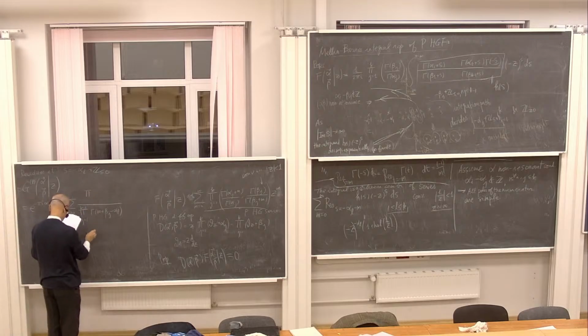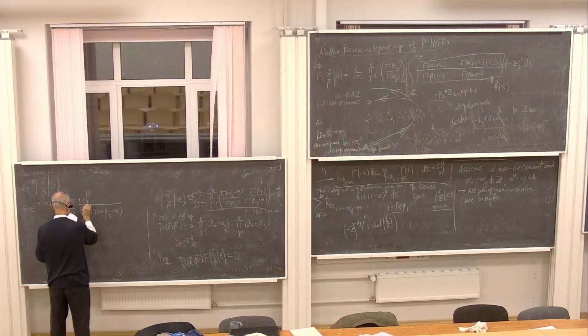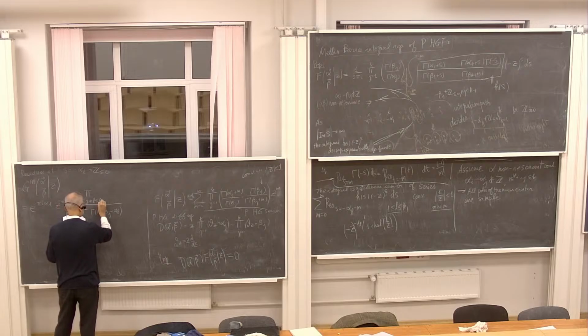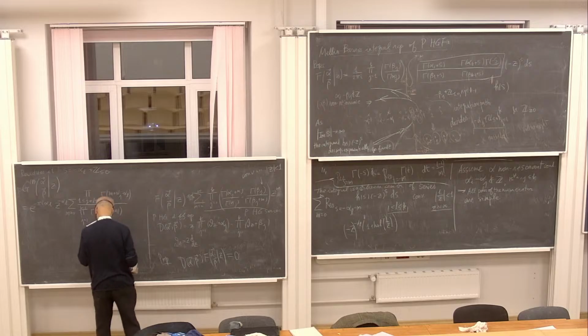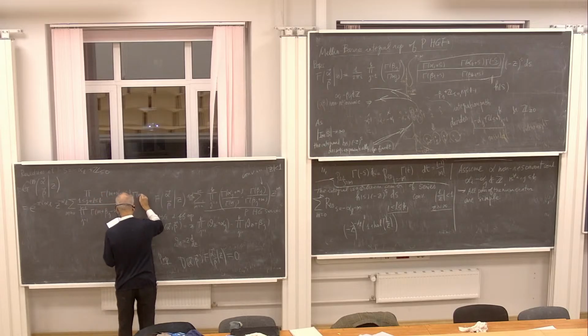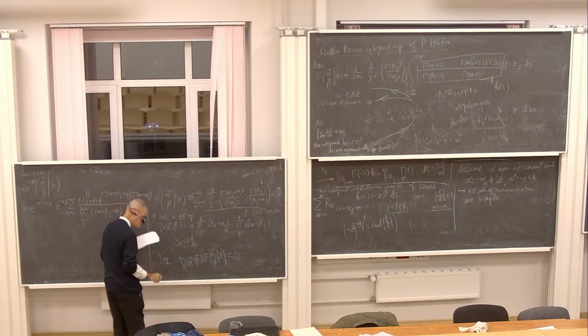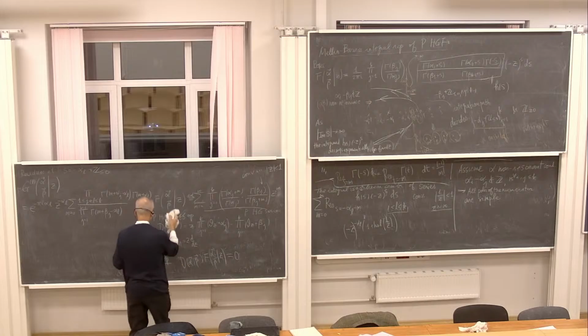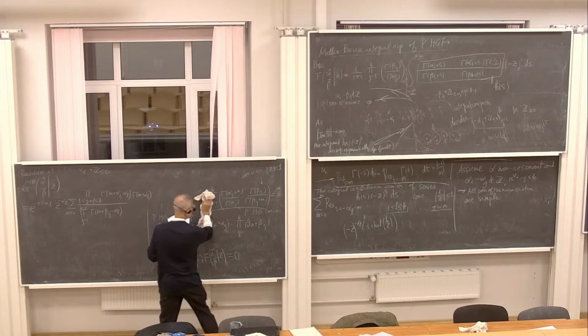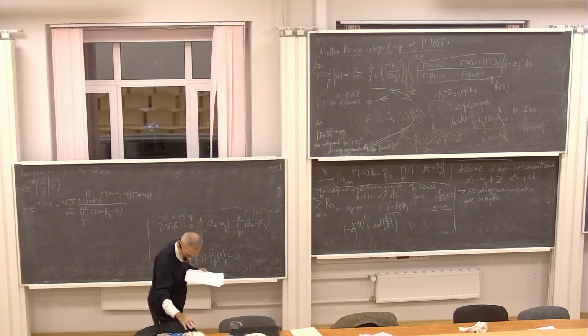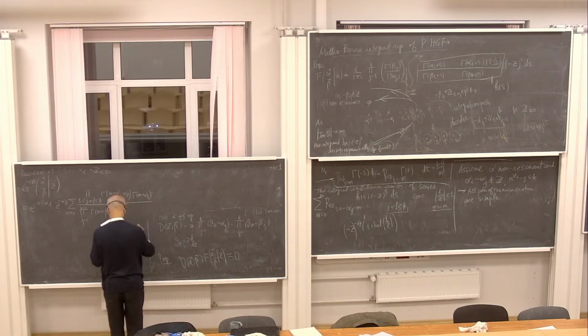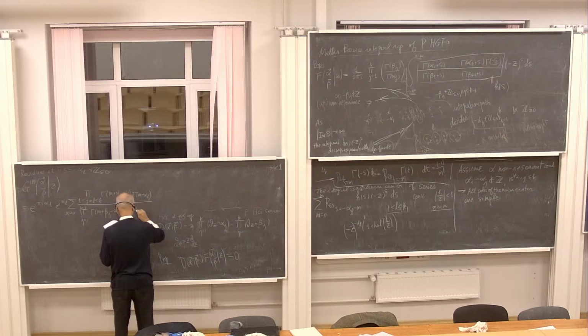That is, except for number l, these gamma factors will produce this, divided by m factorial.